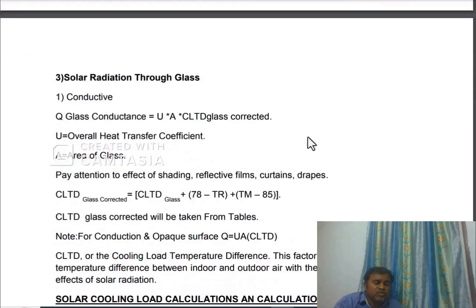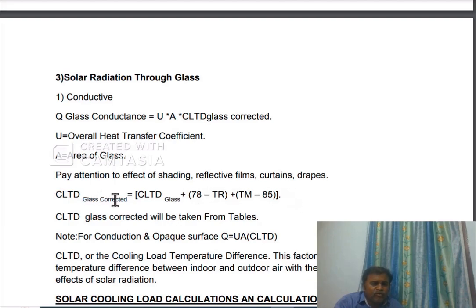Coming to the third one, solar radiation through the glass. Whenever sunlight passes through the glass, the sun radiation is affecting the glass and internally it is also heating the space. Here you can see the CLTD corrected for glass is equal to CLTD plus 78 minus TR, plus TM minus 85.